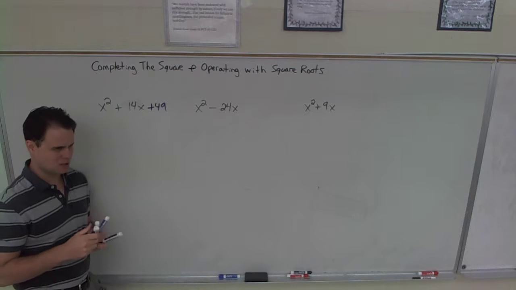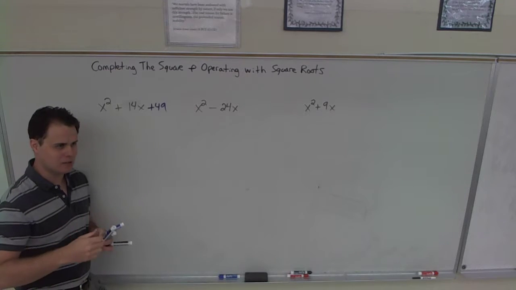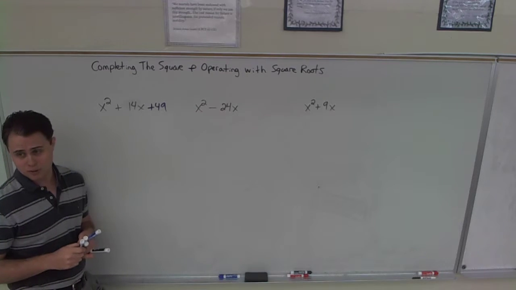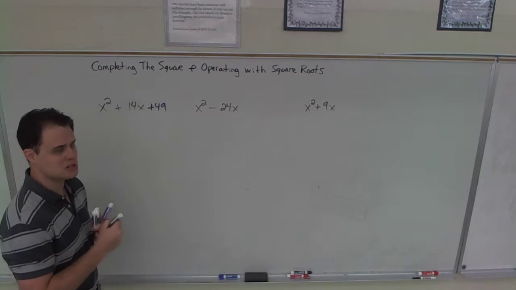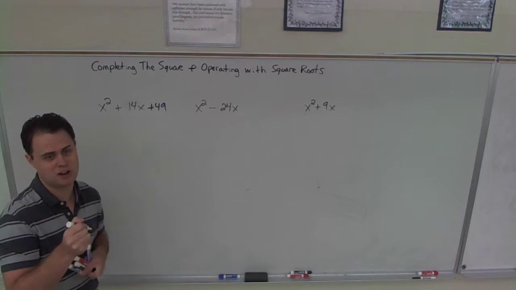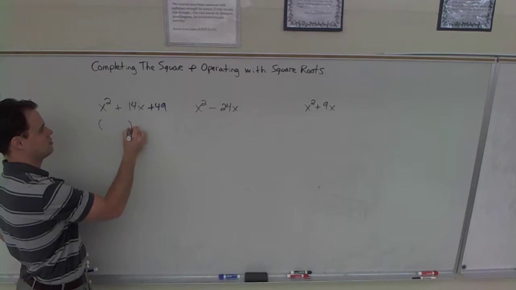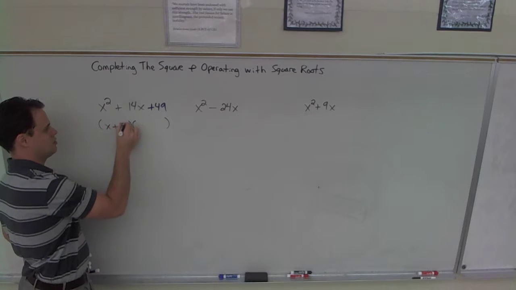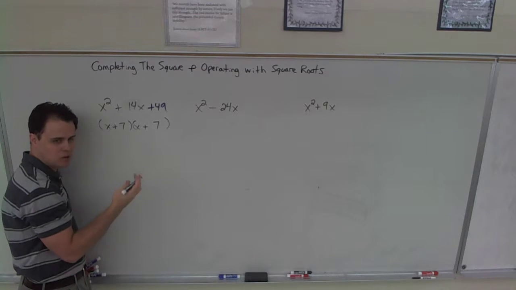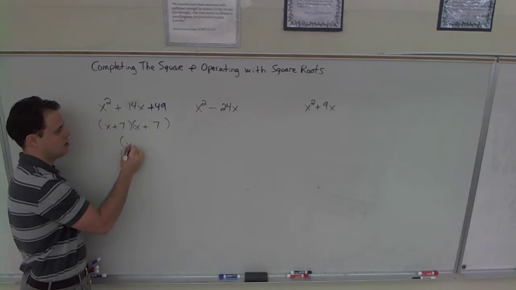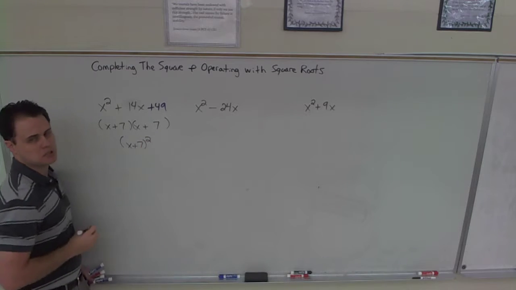The only question is, you don't want to have to be that clever every time. Josh was pretty clever there. How do you get 49? And the reason it works now is this, right? Like, how's that factor now? And you don't even really have to write this down. If you did it the right way, you should just be able to go straight from there to x plus 7 quantity squared.